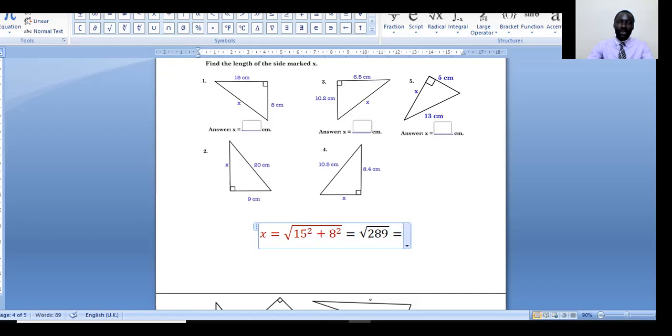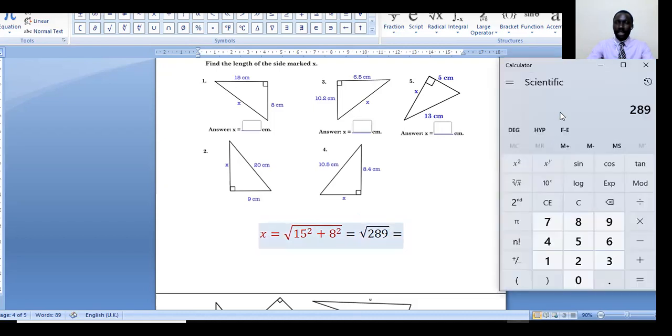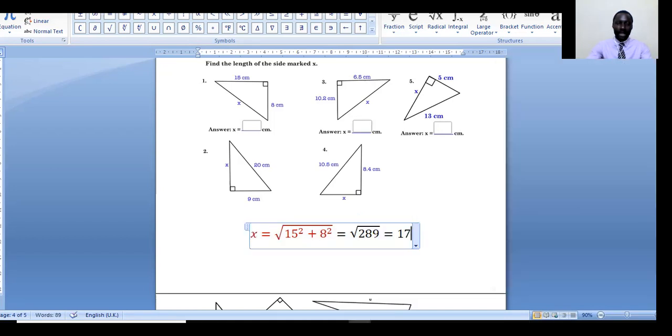Yes, it's 17. So the square root of 289 is 17 in centimeters.